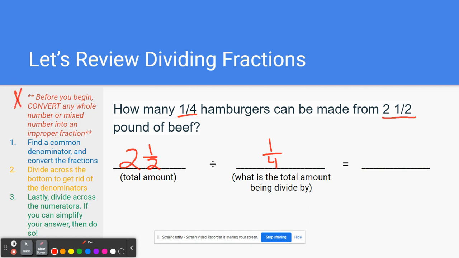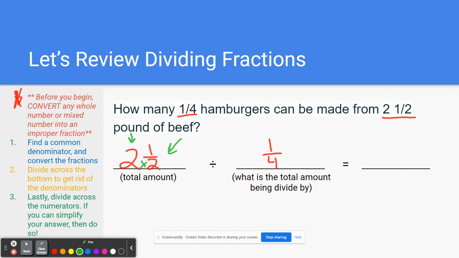Now, over here, it says before we begin, we have to convert any whole numbers or mixed numbers into an improper fraction. I do see a mixed number over here, 2 1/2. We can't keep that as is. We have to convert it to an improper fraction. And just a reminder, here's how you do that. We take the whole number, which is 2, and multiply it by the denominator.